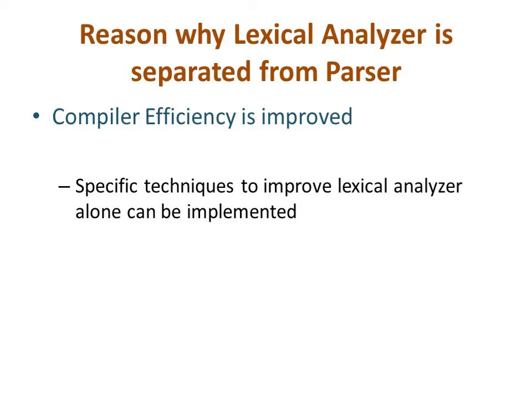When they are hand in hand and you want to make a modification, it is going to reflect in both cases, so we need to make a modification in both the lexical and parser phases. But when they are separated, a specific technique can be used only for the lexical analyzer and some specific efficient technique can be used only for the parser. So that is the next reason why the lexical analyzer is separated from the parser.